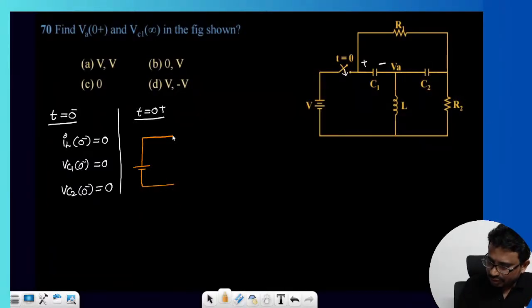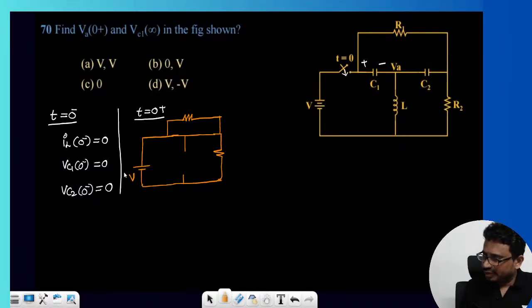You can see the capacitors C1 and C2 are both short circuited, and the inductor is open circuited. There is no initial current, so the inductor is completely open circuited like this. This is the circuit at t equal to 0 plus.